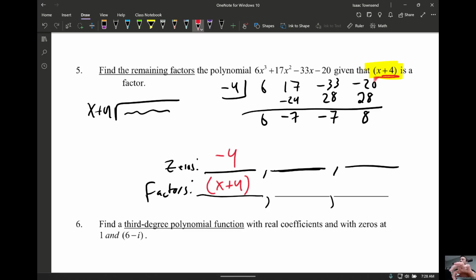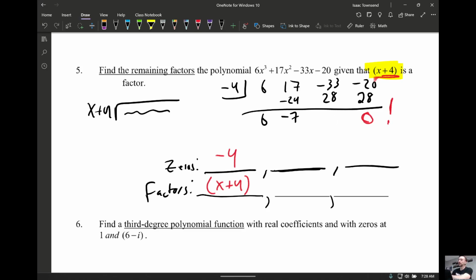If something's a factor, it means it divides into it evenly. We should have a remainder of 0. So I kind of fudged my arithmetic here. If I didn't get a remainder of 0, I know I did something wrong. And I did it purposely today, but Wednesday, I went too fast and had an arithmetic mistake. So you would know to double check.